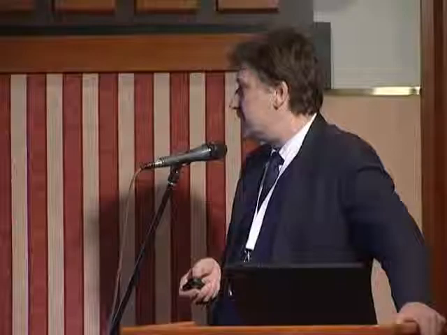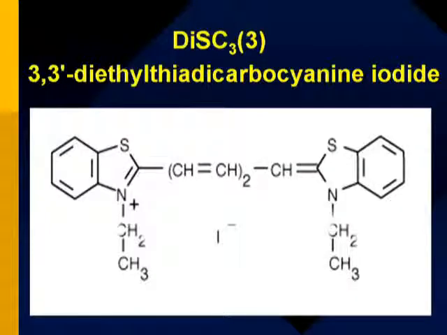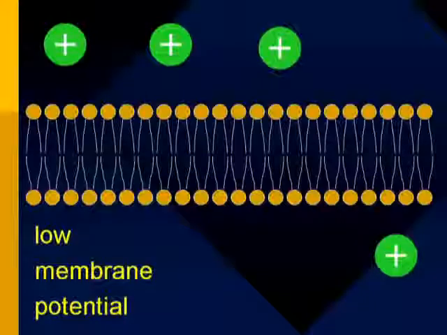And one of these dyes, a potential sensitive fluorescent dye, can be seen in this picture. And this is actually a lipophilic cation. And since it is a cation, it is relatively easily taken up by the cells relative to the membrane potential. So the higher the membrane potential, the higher amount of this dye is taken up during a given period of time.